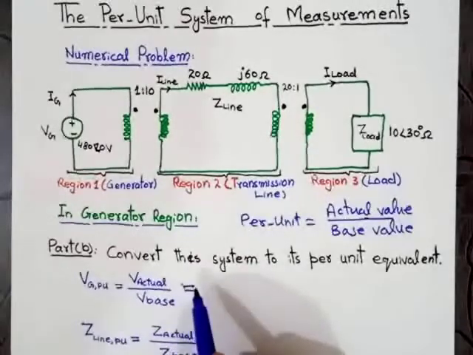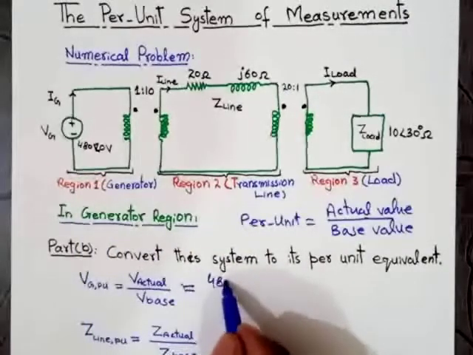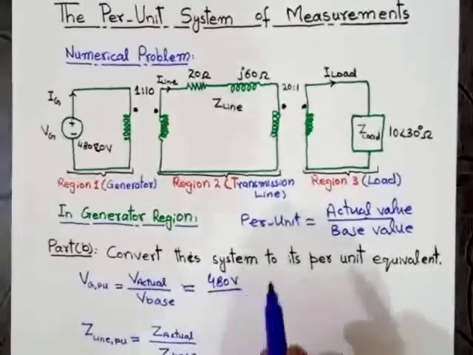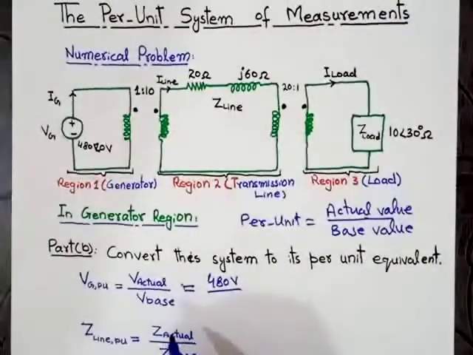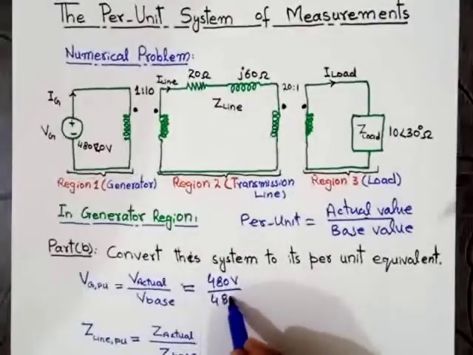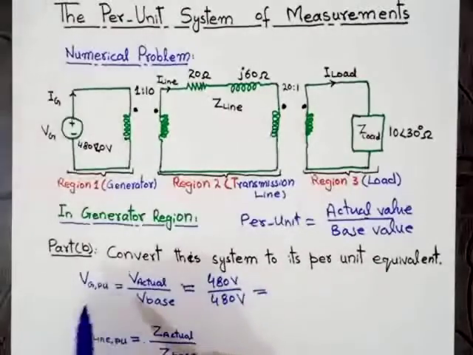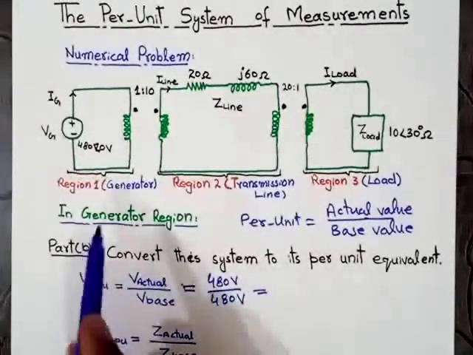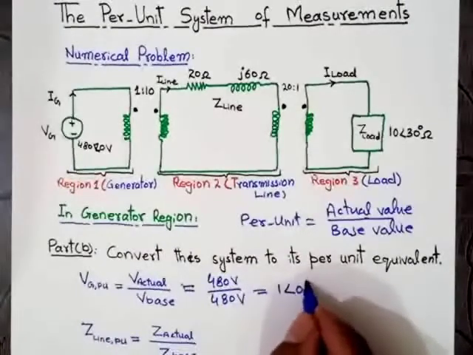The actual value of the voltage is given here, 480 volt, and the base value, as we have already calculated in part A, is also the same as the actual value, that is 480 volt. After solving this, we get the per unit value of the voltage at the generator region is equal to 1 angle of 0 degree.